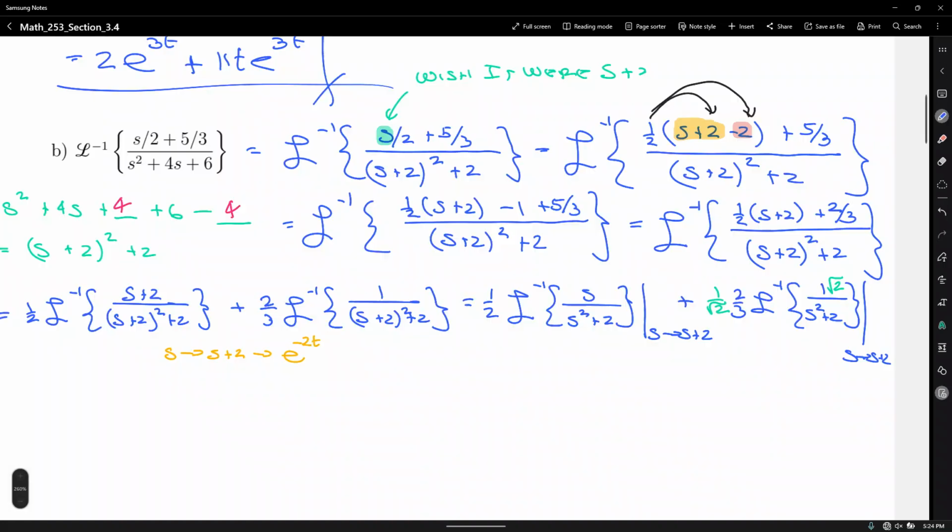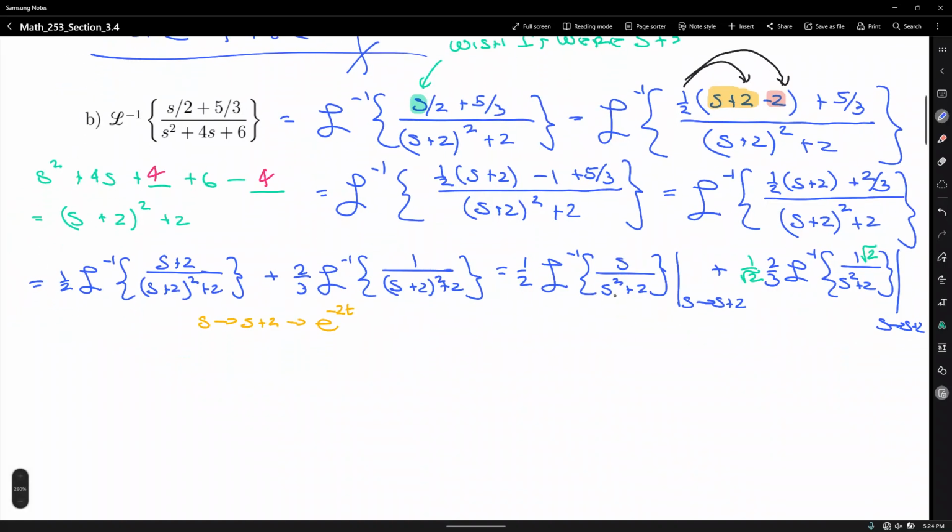So the inverse transform of s over s squared plus 2 will be 1/2 times the inverse transform of this, which is cosine of the square root of 2 t. And the space I left here is for this exponential e to the negative 2t.